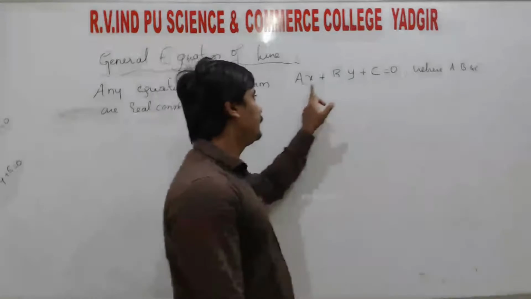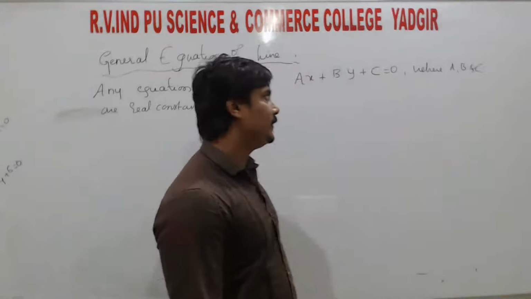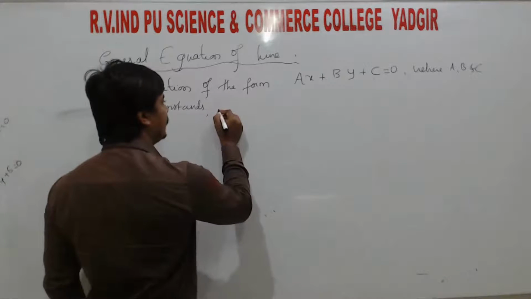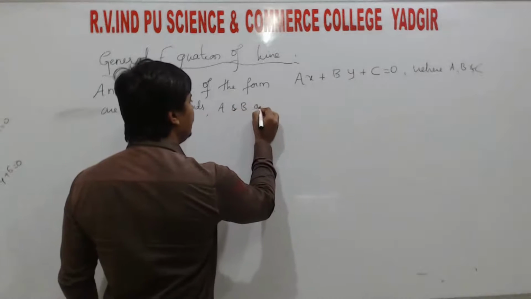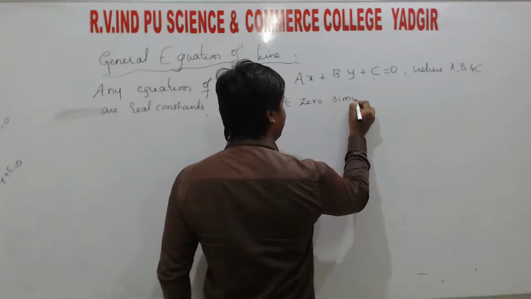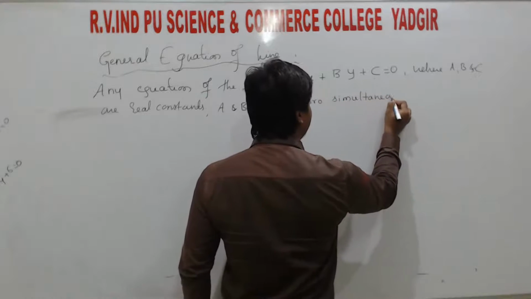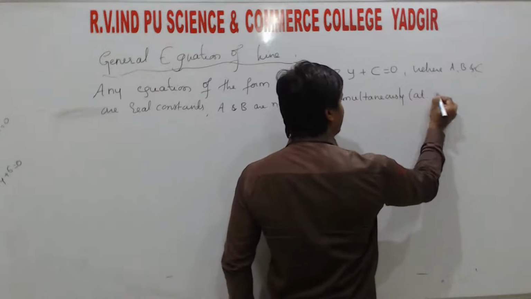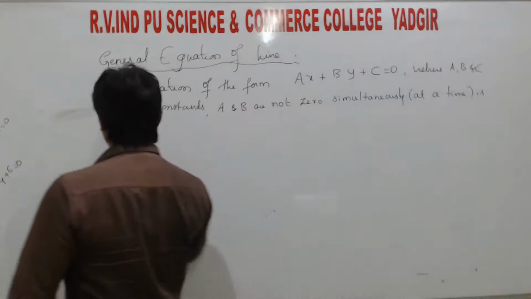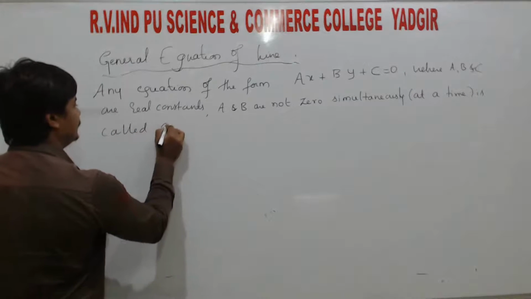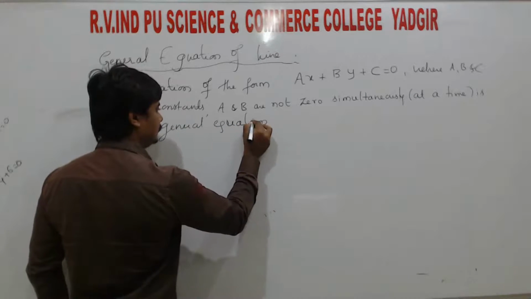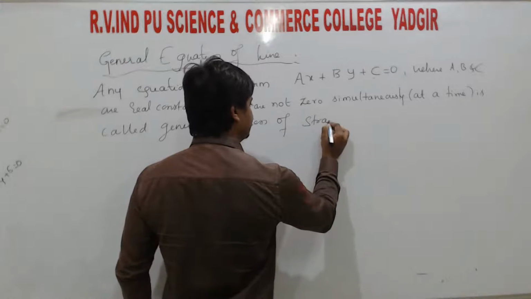Any equation of the form ax plus by plus c equal to 0, where a, b and c are real constants, and a and b are not 0 simultaneously at a time (simultaneously means one of them may be 0), is called the general equation of a straight line.